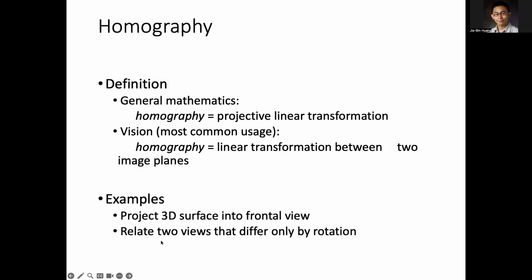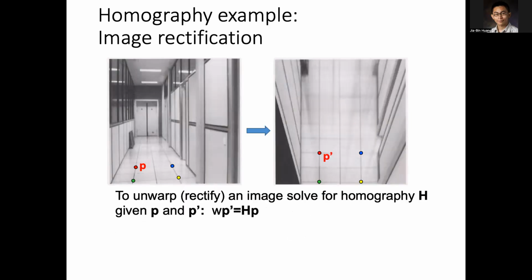The first example is that you have a 3D surface, any planar surface, and any points on a plane are related by a homography. One application is that you have a camera, and the camera has an image plane. You project something onto an image plane. So any surface you can project onto the camera, which means that you can use this for rectification.